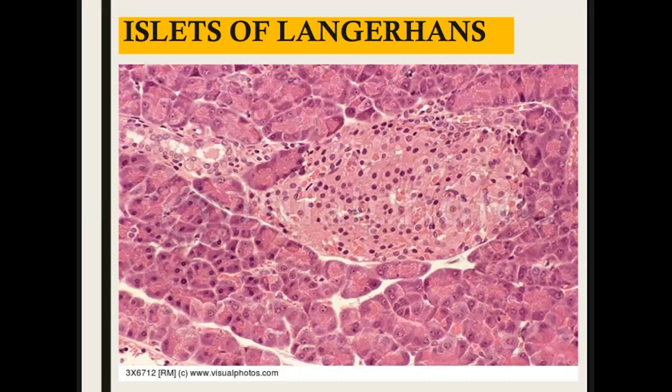Insulin is secreted during the fed state, or after eating, while glucagon is secreted during the fasting state. Glucagon increases the blood sugar, while insulin decreases your blood sugar level.